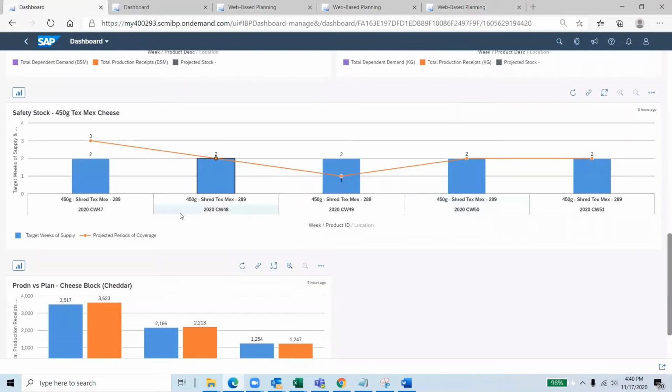We've modeled safety stock, which is an inseparable part. We've modeled safety stock here at the distribution center for the cheese product, and you can see here that we are expecting 2 weeks of coverage. The orange bar gives you the performance of the target supply against the incoming customer demand. Because of existing inventory, the first week there is a higher coverage.